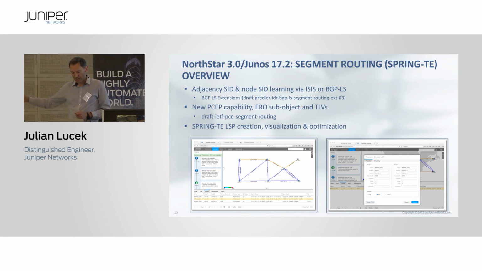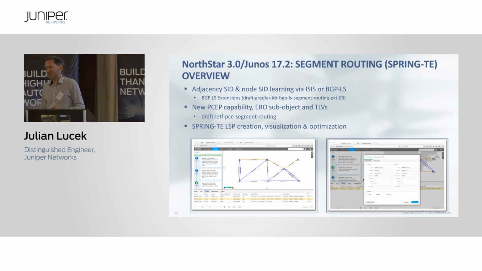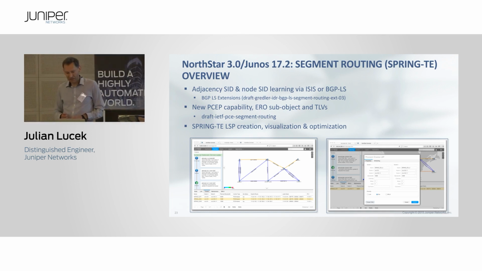Those are conveyed to NorthStar either via ISIS peering or via BGPLS. There's a draft that we wrote which are BGPLS extensions to segment routing to allow the adjacency labels and so on to be conveyed on the BGPLS session. So it's the same BGPLS session that we talked about before, but carrying some extra info in terms of these labels.